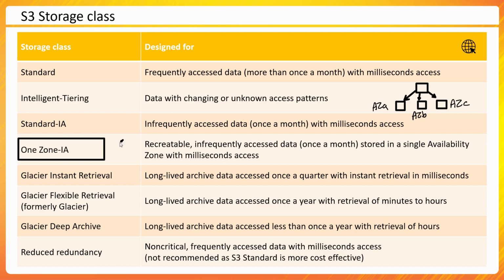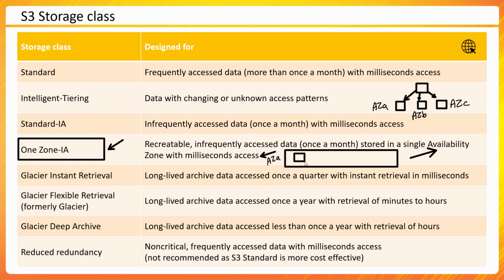But if I'm going to One Zone IA here, that says recreatable infrequently accessed data stored in a single availability zone, it can still be accessed in milliseconds. What is going to happen here? Like here we were using AZ A, B and C. In the case of One Zone IA, we would have our data stored in only one of the availability zones.